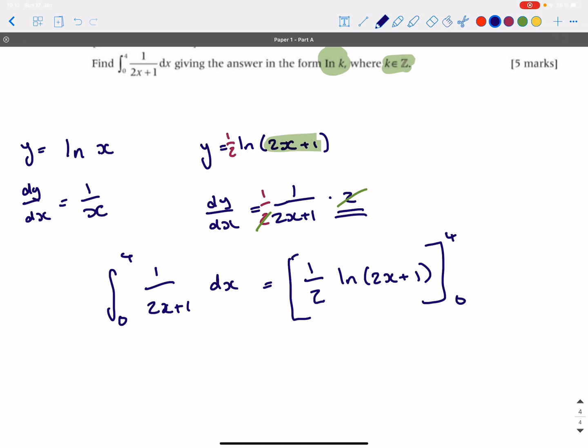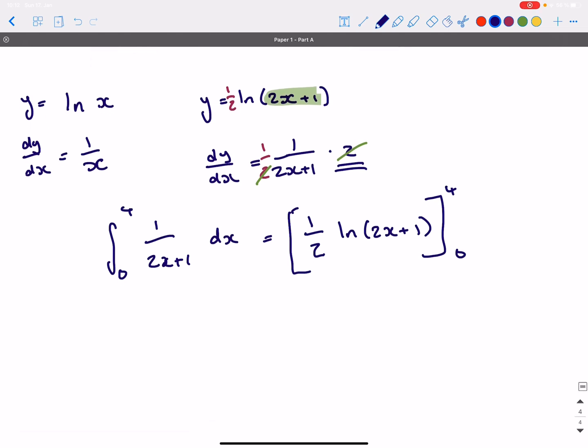Remember, I have taught you this while I've been on distance learning, so I have not seen enough of your work in your books. Normally, I would be walking around harassing you, making sure that you are using correct integration notation. So please look carefully at what I'm writing here. It is so important. You will lose marks if you don't use the right notation for integration.